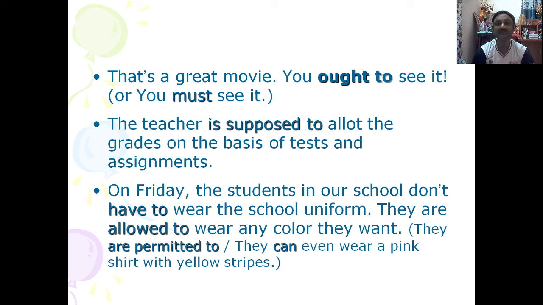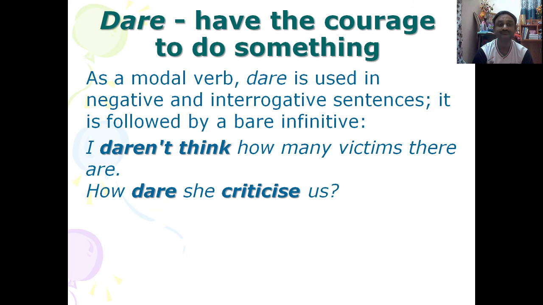That's a great movie, you ought to see it, or you must see it. The teacher is supposed to allot the grades on the basis of tests and assignments. On Friday, the students in our school don't have to wear the school uniform. They are allowed to wear any color they want. So they are permitted to, they can even wear a pink shirt with yellow stripes.